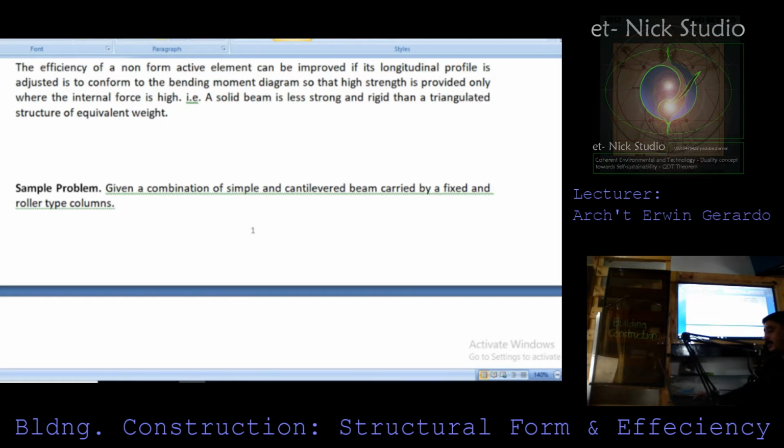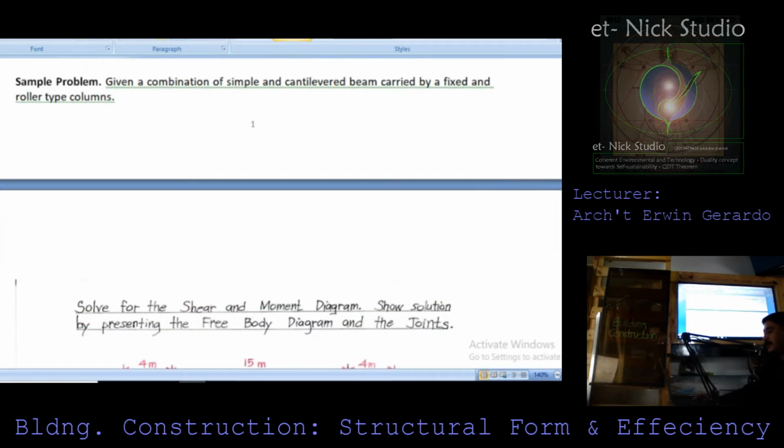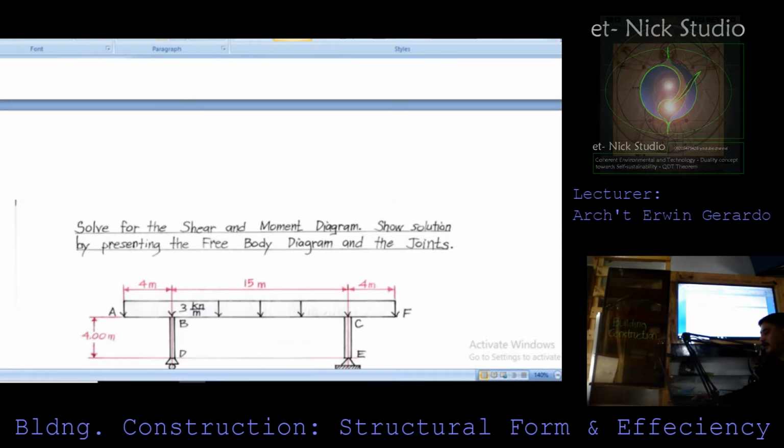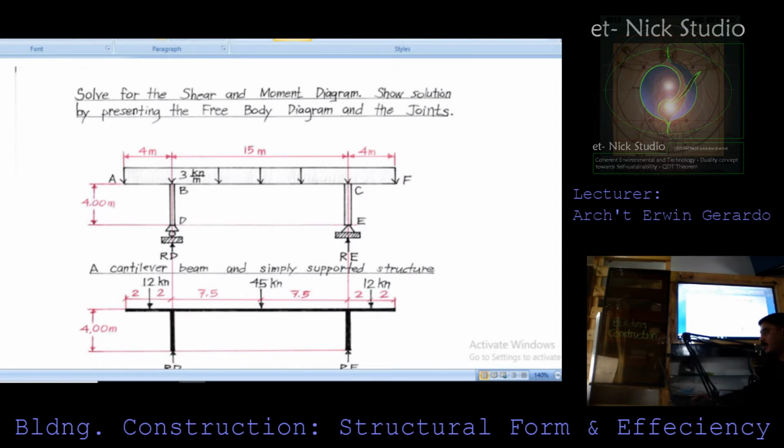So let us consider here a sample problem. Given a combination of simple cantilevered beam carried by a fixed and roller type column, we need to solve for the shear and moment diagram. Show the solution by presenting the free body diagram and joints.